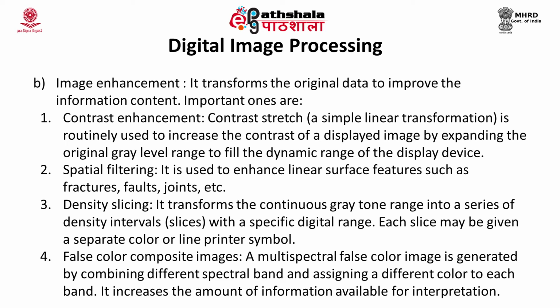Each slice may be given a separate color or line printer symbols. Then the fourth one is the false color composite image. During this image enhancement, we can also produce this false color composite image, also called FCC images.